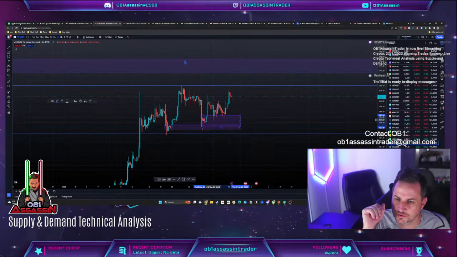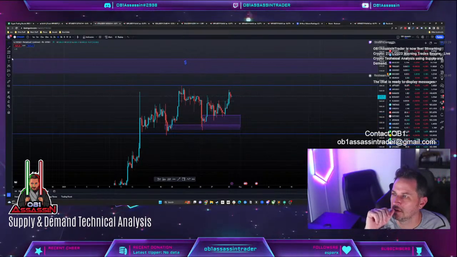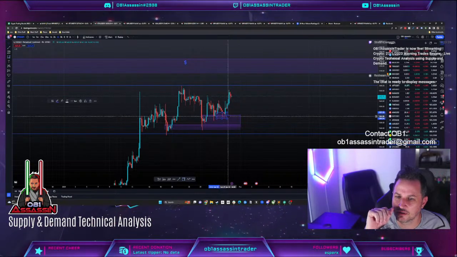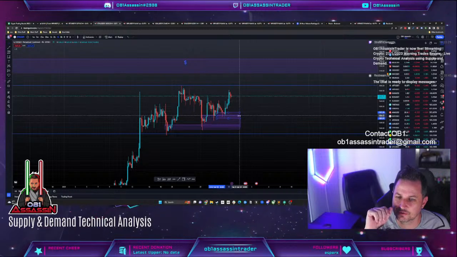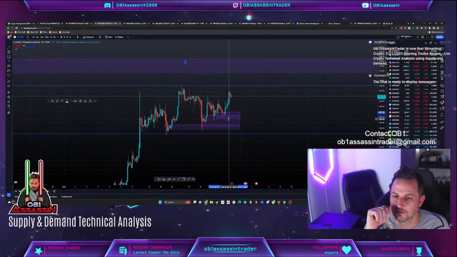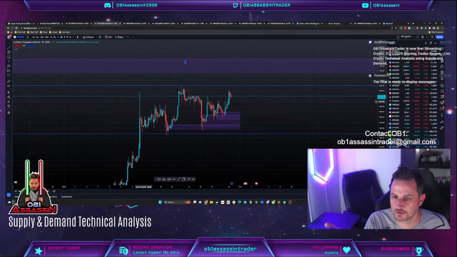It's been hit once, twice, 3 times, and we have a fresh order block right here. All right, this is cool. It's cool because it's fresh. Is it within a supply and resistance zone?